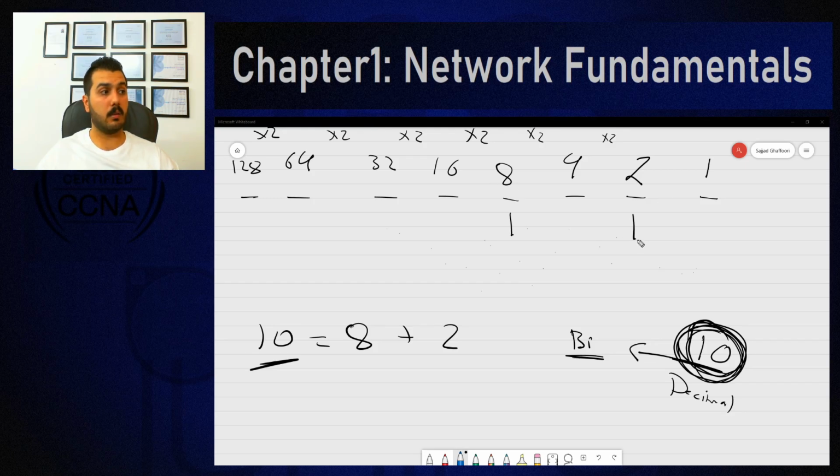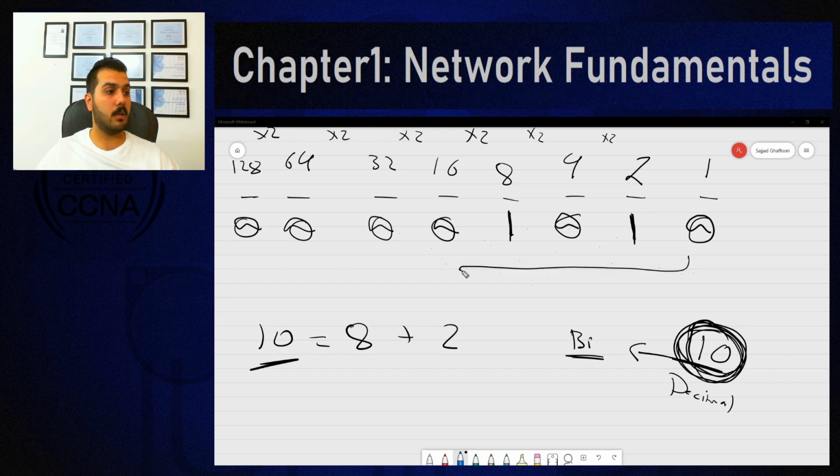to get number 10. The numbers that I have made use of are expressed as ones, and the numbers I did not make use of are expressed as zeros. This is 0, this is 0. By default, the entire package can be expressed in 8 digits.